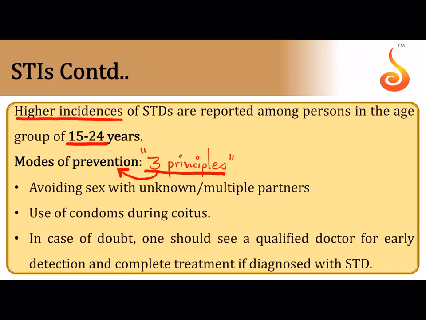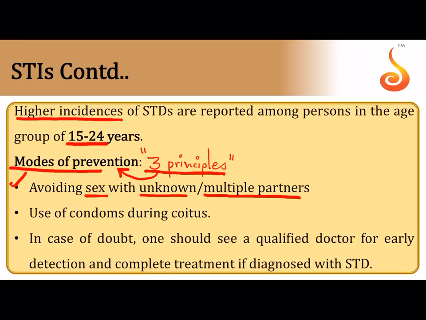So the question may be: what are the 3 principles one must follow in order to be free of sexually transmitted infection, or what are the 3 modes of prevention of sexually transmitted infection? The first principle is avoiding sexual contact with unknown and multiple partners, because they may be carriers of the infection.